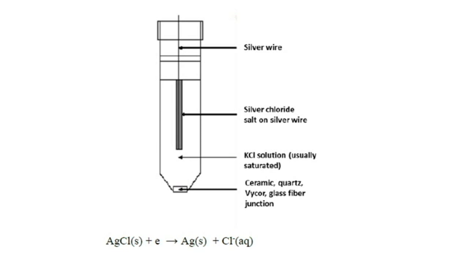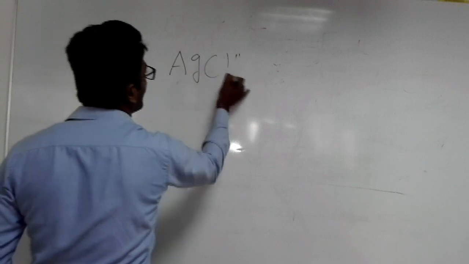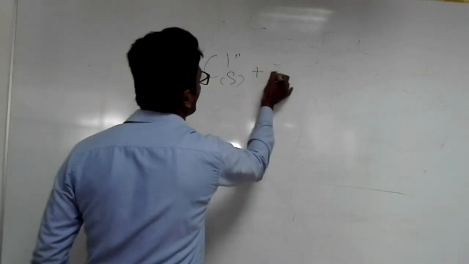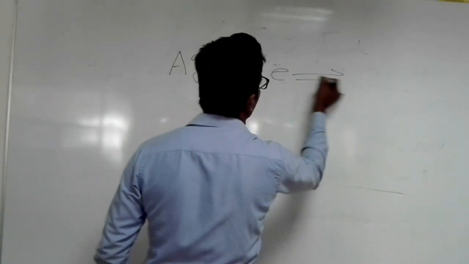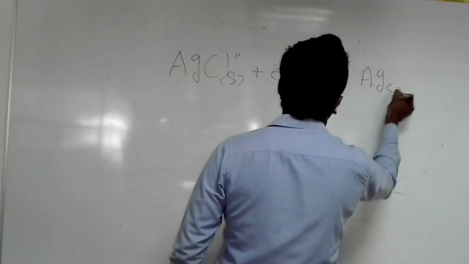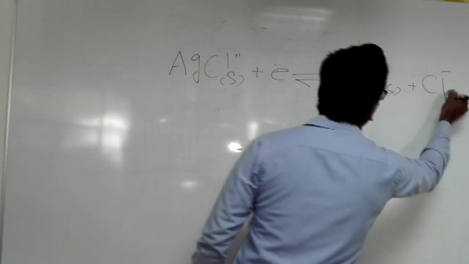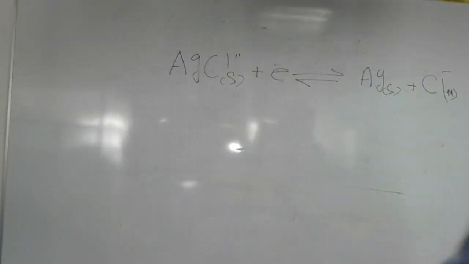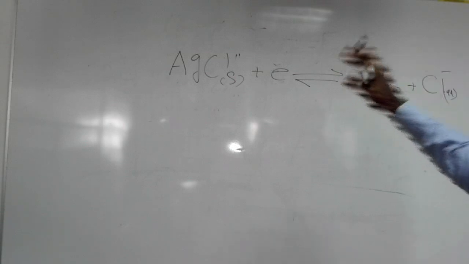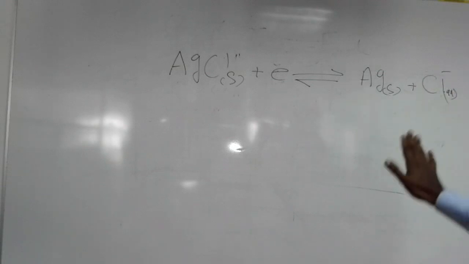Now you can see the equilibrium reaction for the silver chloride electrode, as an oxidation or reduction reaction.